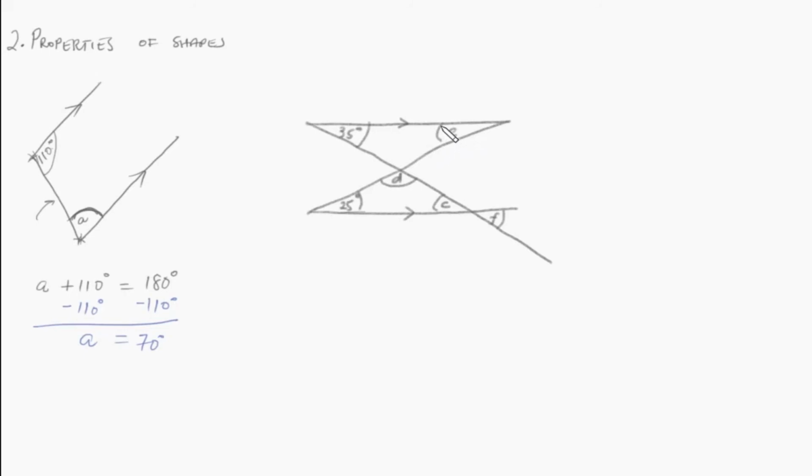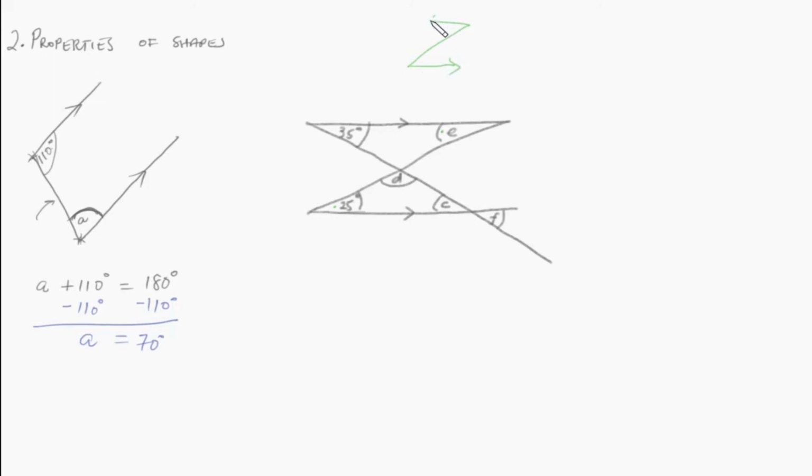So there is a relationship between this angle and this angle. If these two lines are parallel, these two angles are alternate. Angle E and 25 degrees here are alternate angles. Sometimes my lecturer used to say they are Z angles.